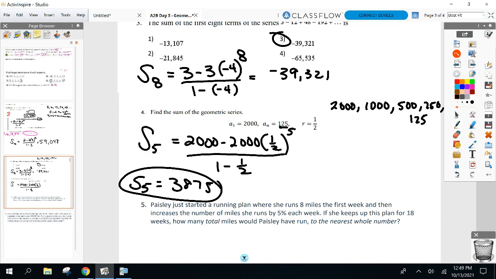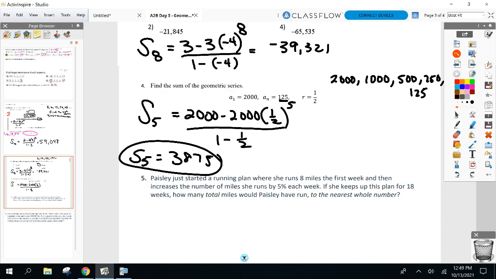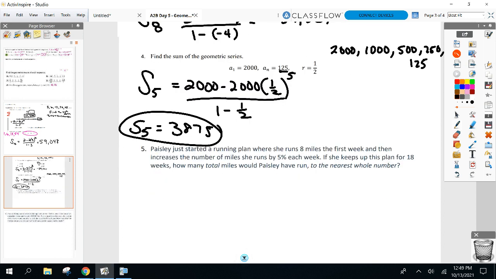Questions? All right, 2 word problems, and then you're going to go hit up the Delta Math right away. Oh, Paisley. 8 miles the first week, 5% more each week, 18 weeks. Here's the big key here.